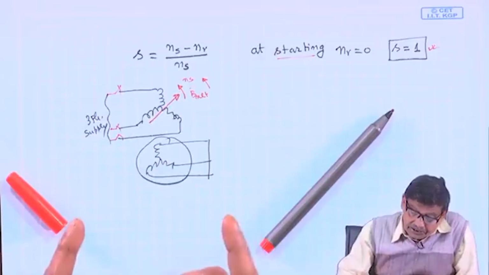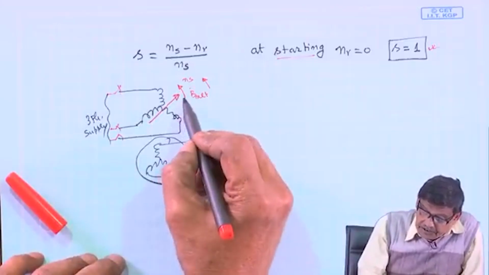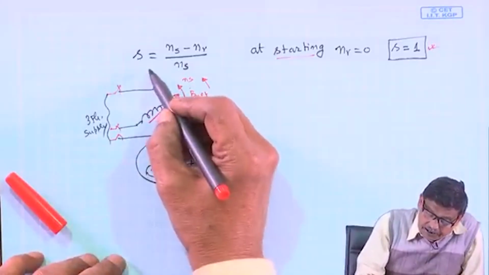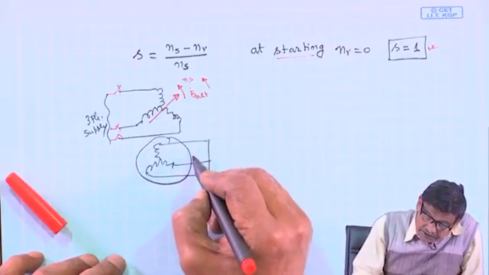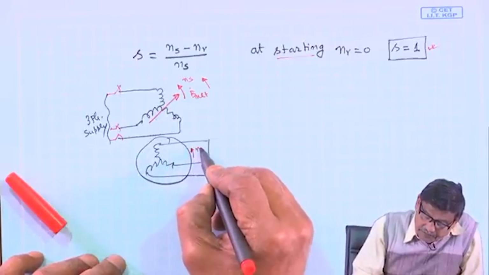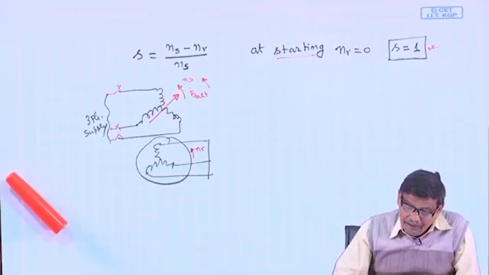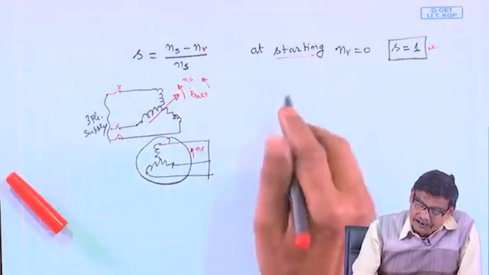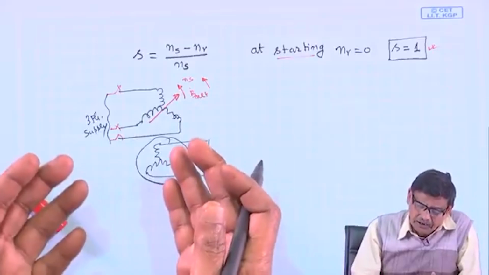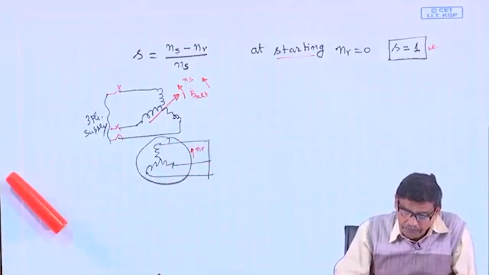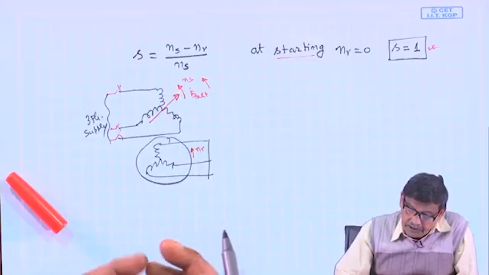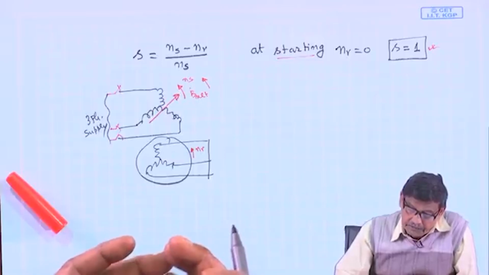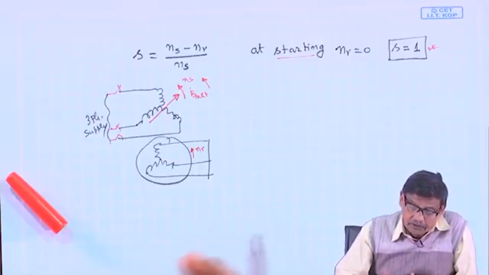Acha, then we have learned motor will start rotating. In which direction it will rotate? If your stator field or B net is moving in this direction, rotor will start moving. So, Ns minus 0 it has started, then speed is expected to grow up, speed will become 10 rpm, 15 rpm and so on.